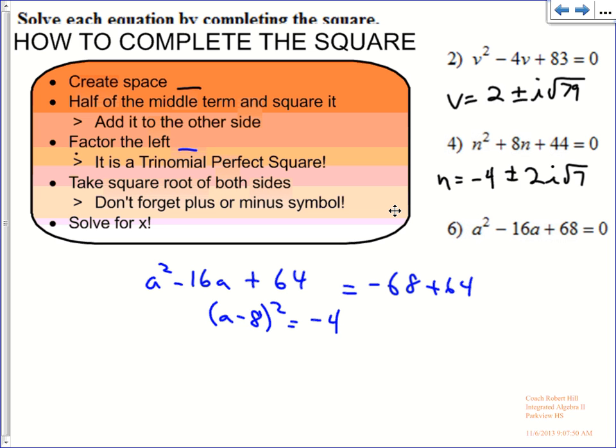For those of you still struggling, every time this is a negative, that's when I do my imaginary answer. I'm breaking the square root of negative 4 up into the square root of 4 and the square root of negative 1. Remember, the square root of negative 1 is i. So that's a equals 8 plus or minus 2i.